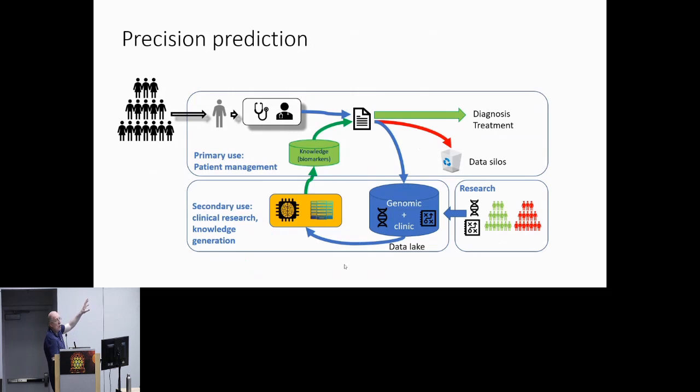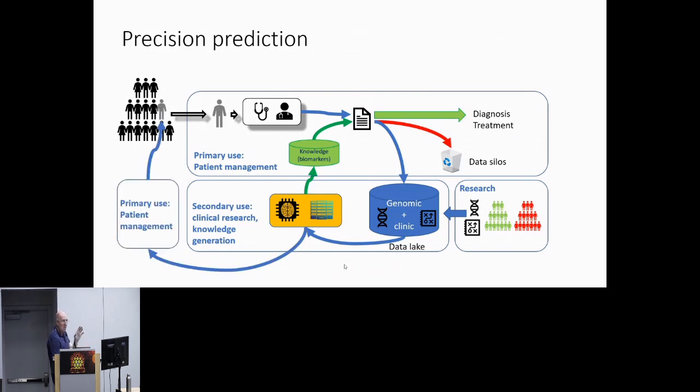So this is what I showed you before, and typically what happens is that we have this patient, but when we have this patient in the clinic, it's because the patient has the disease. So the health system is clearly reactive. When we have a patient, it's because the patient has the disease and is very bad, probably with the condition already very advanced, and in many cases it's too late, right?